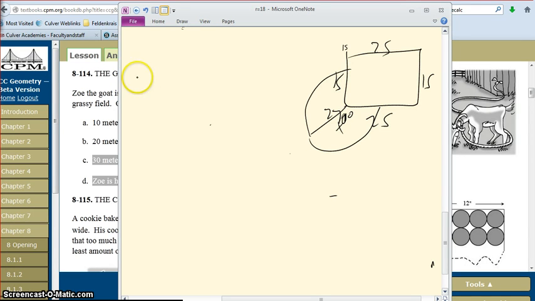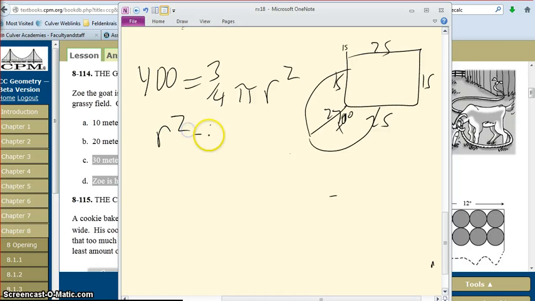Okay, so 400, because that's our area, equals 3/4, 270 divided by 360, pi r squared. What's our r? We don't know. Alright, let's get r squared by itself.